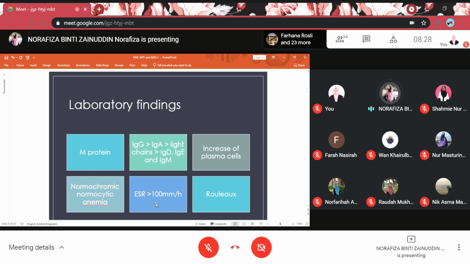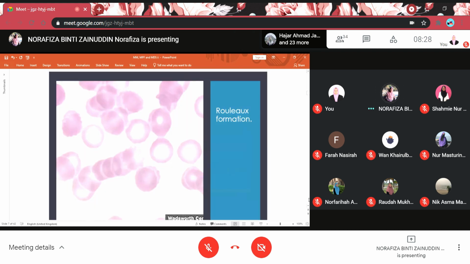And there is rouleaux formation in peripheral blood smears, which is the appearance of stacked coins upon blood staining of multiple myeloma patients. It occurs when red blood cells form stacks or rolls.